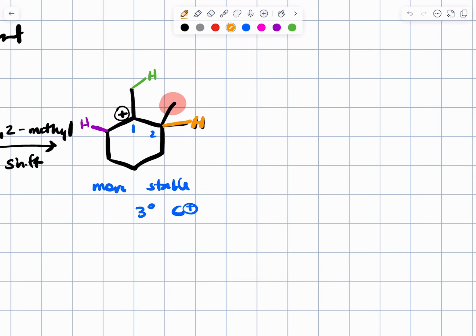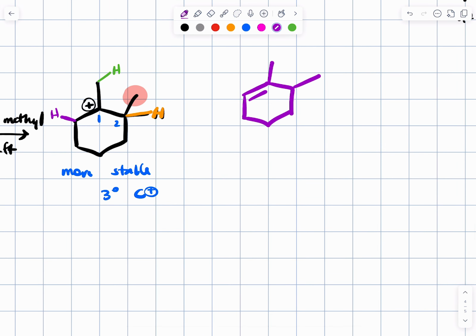Those are very Halloween-y colors. If I remove the purple beta proton, I get this product. If I remove the green beta proton, I get this product. And if I remove the orange beta proton, I get this product.